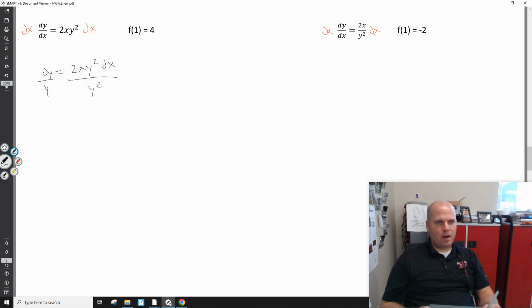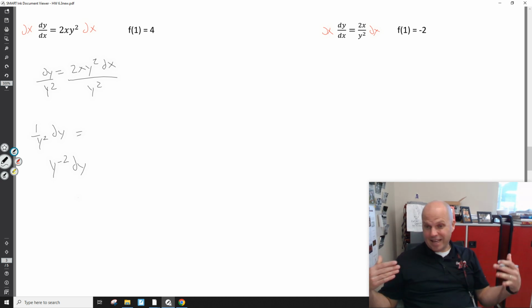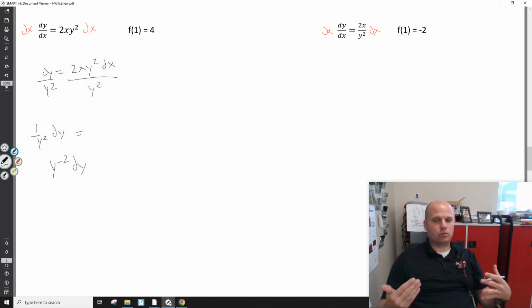Now, when you divide by y squared, you could write it like that, but I'm probably going to just immediately either write it like this or write it like that. If you divide by y squared, it's the same as multiplying by y to the negative second. I like negative exponents because I can use the power rule to take the antiderivative of negative exponents.